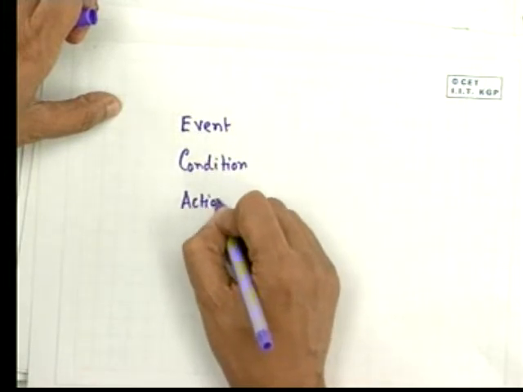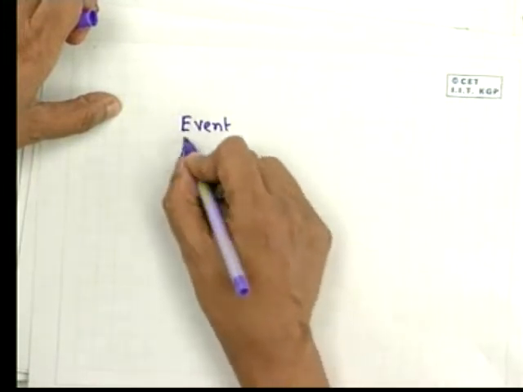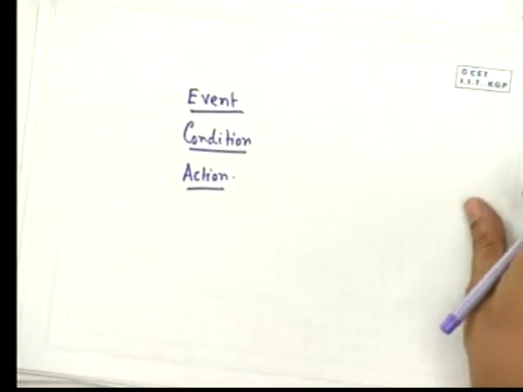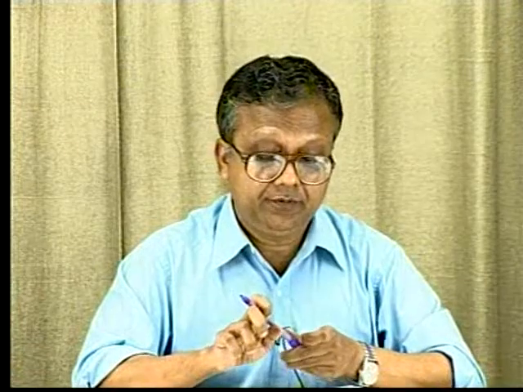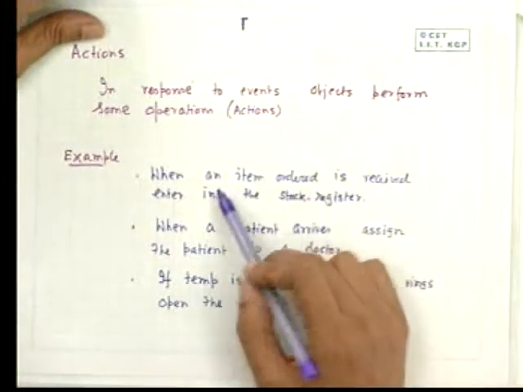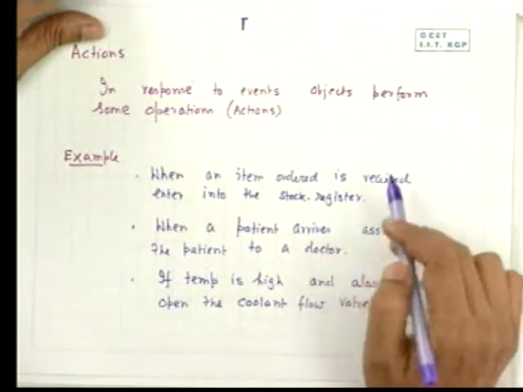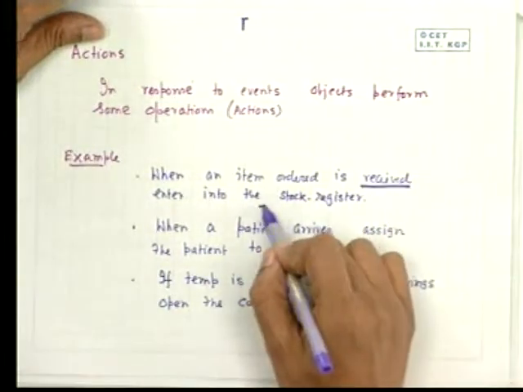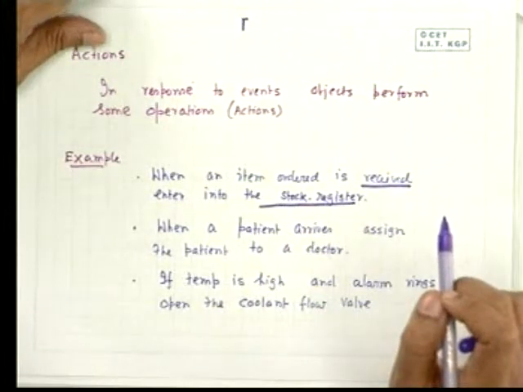These three together will define the dynamic behavior of the object. The actions might be, as we just mentioned, for example, when an item order is received, the operation might be to enter the item received into the stock register.